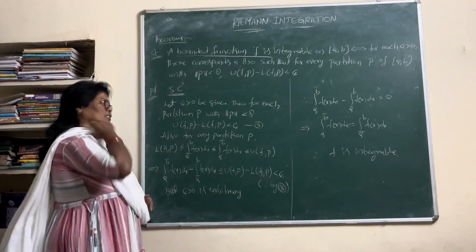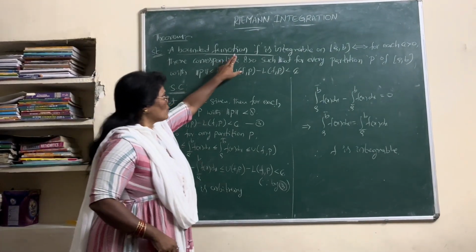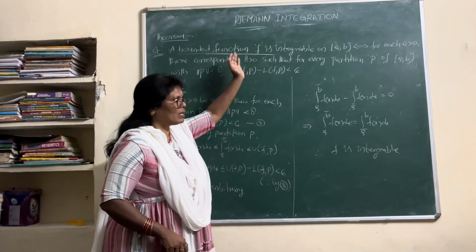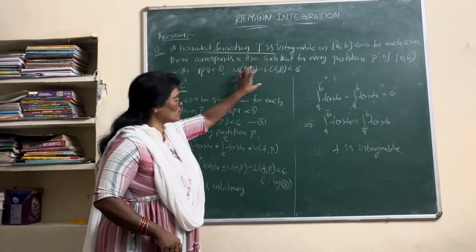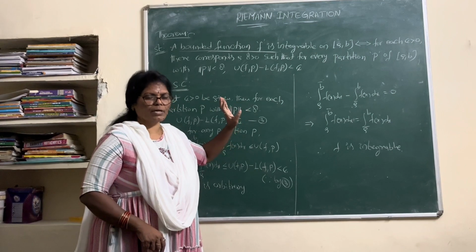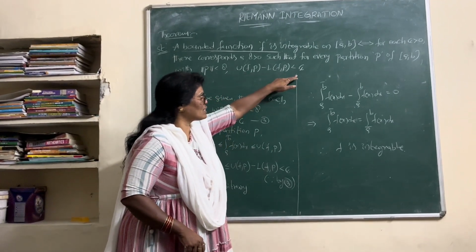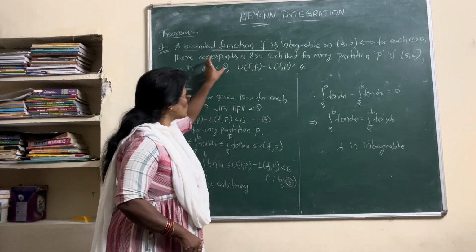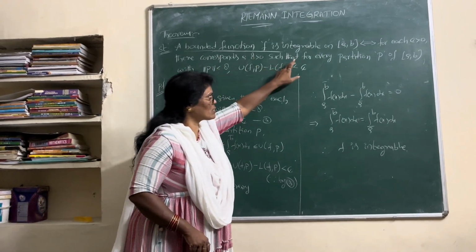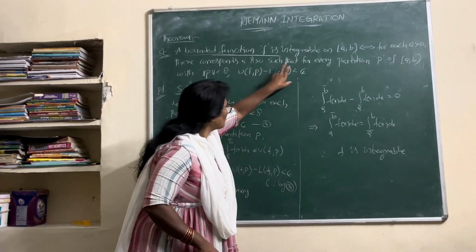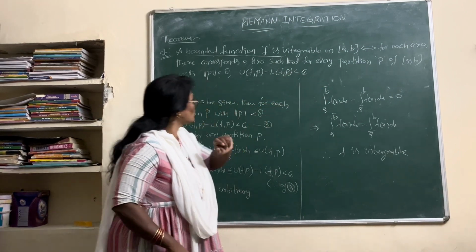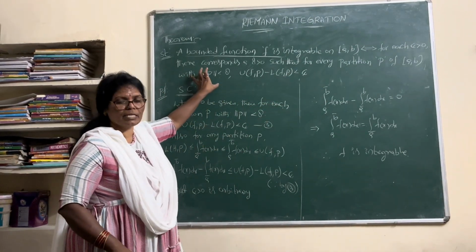In the first condition, necessary condition, f is integrable, and we proved UFP minus LFP is less than epsilon. Now we are taking UFP minus LFP less than epsilon whenever there exists delta greater than 0 such that for partition P of closed interval a comma b with norm P less than delta.